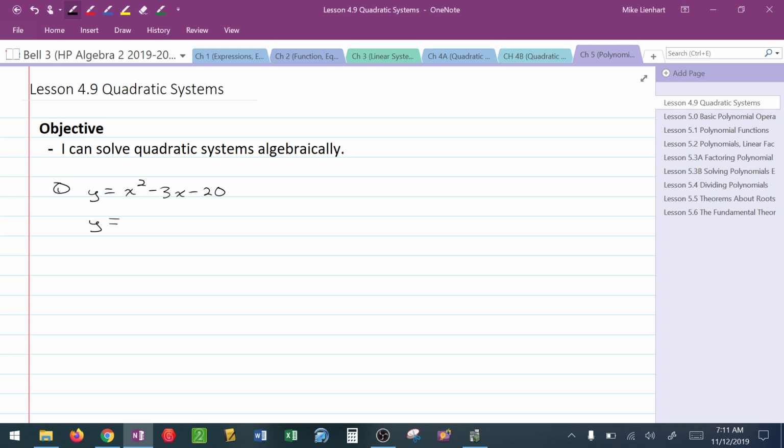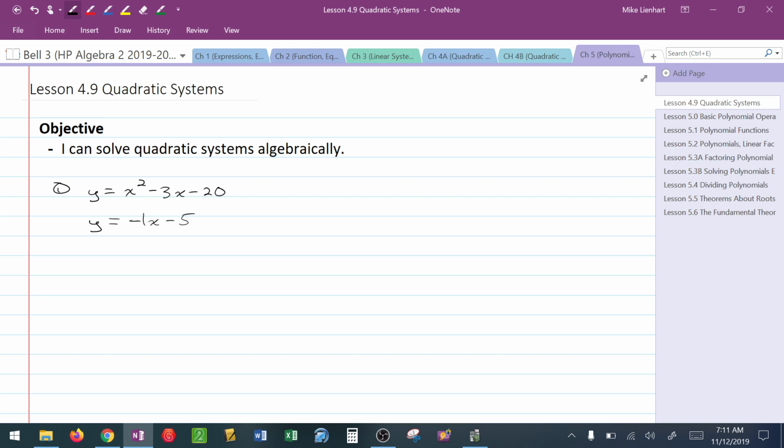And then we have a second equation that says y is equal to negative x minus 5, or I like to write negative 1x minus 5, which is the equation of a line. What it meant to solve a system of equations in the past was to find the point of intersection. Now what we have is what's called a quadratic linear system. The first equation tells me it's quadratic. The second equation tells me it's linear.